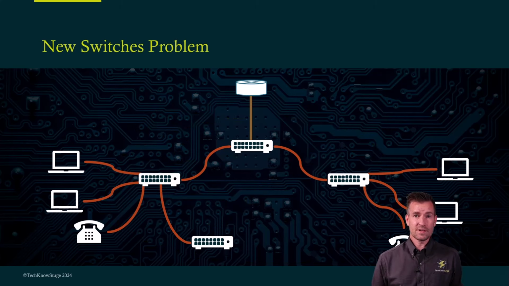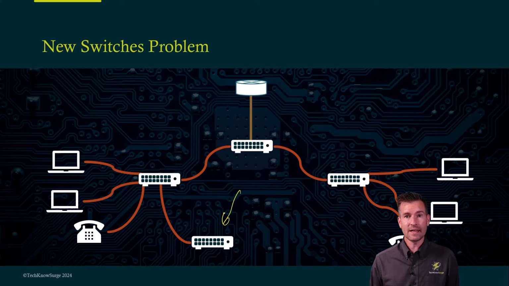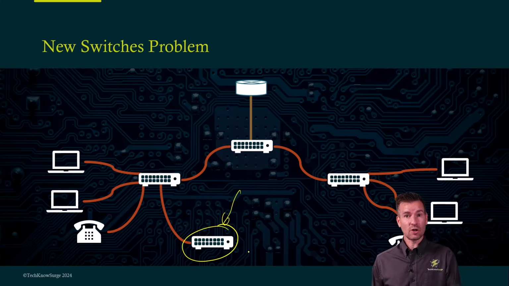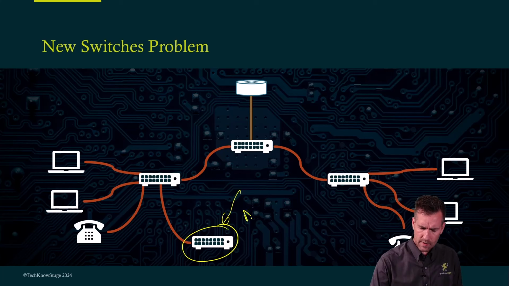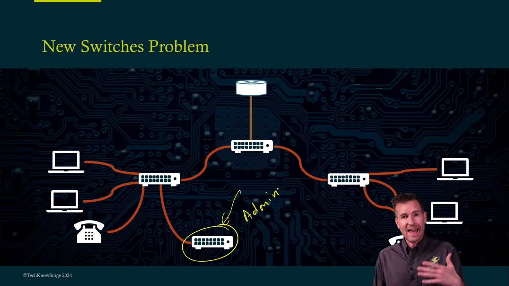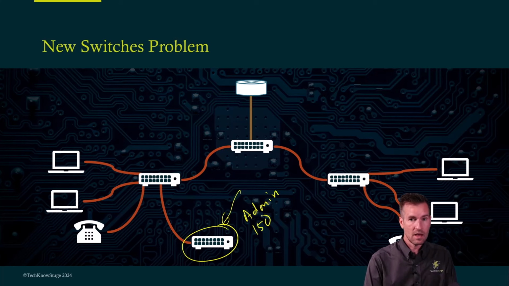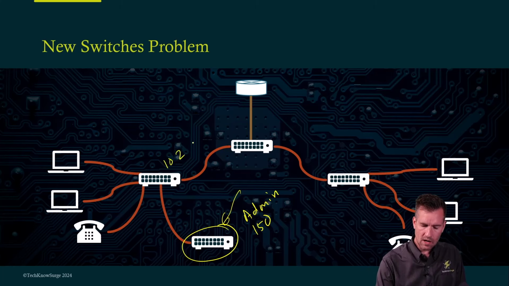Now this introduces a couple problems because maybe we don't want this switch necessarily to update with it, or there's even a more significant problem. Let's say this has been a switch that we took out of circulation, so it already was part of the admin VTP domain. We took it out and we were doing some testing on it and we were adding some VLANs and we were testing it out, and now the revision number is at 150 where everything else is at 102.